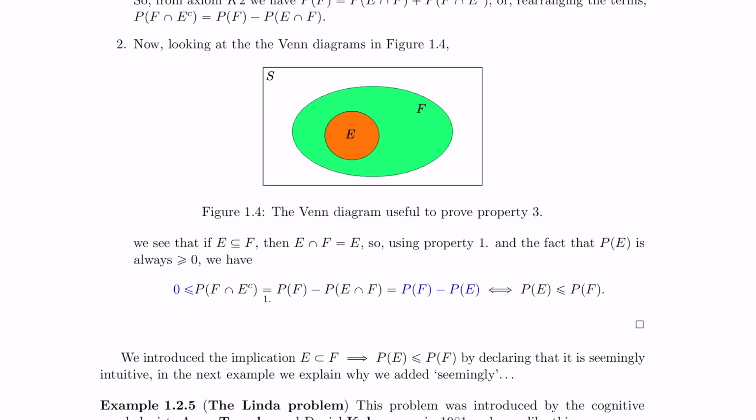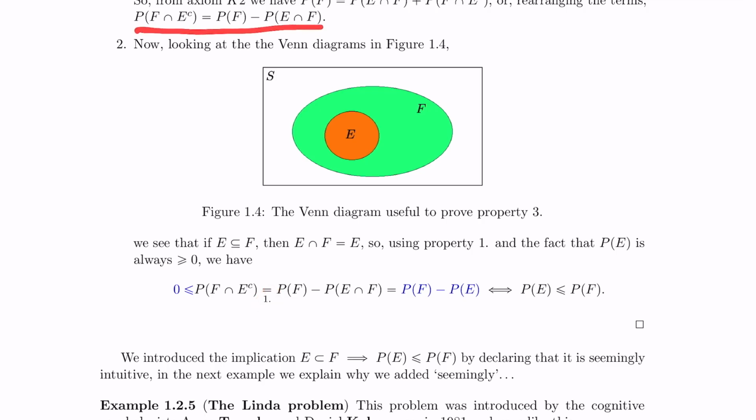So now let's write the probability of F intersected with the complementary of E. Since it is a probability, it is always greater than or equal to 0. Then we apply property 1 that we have established before.